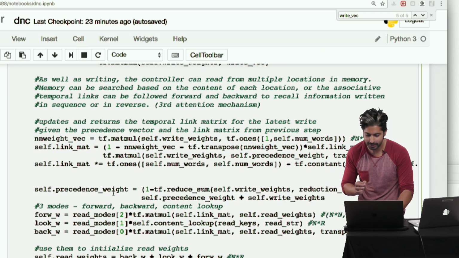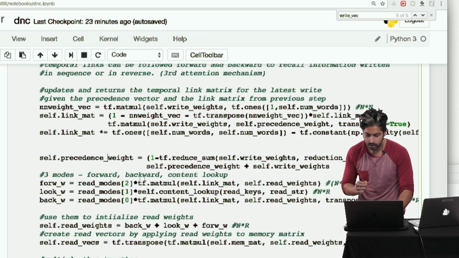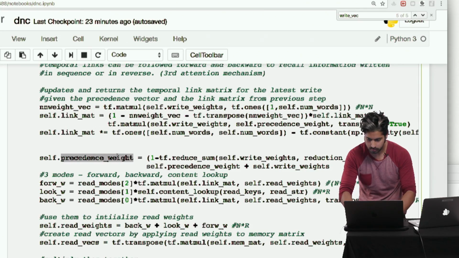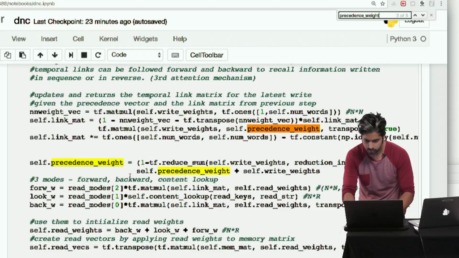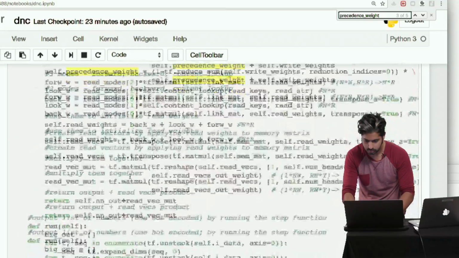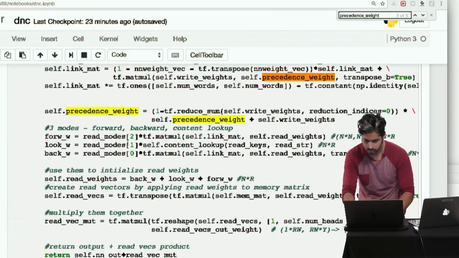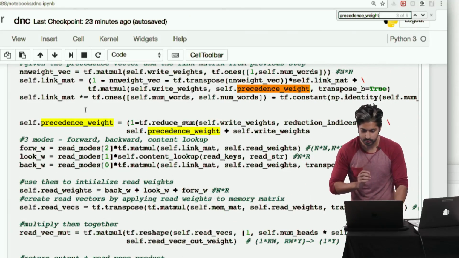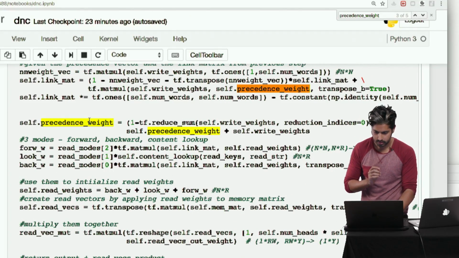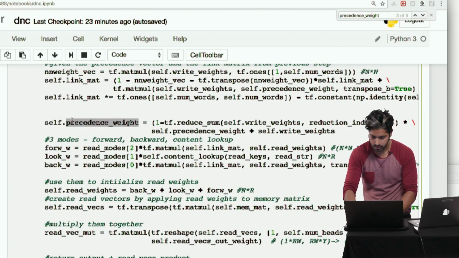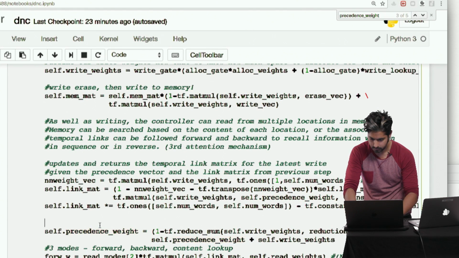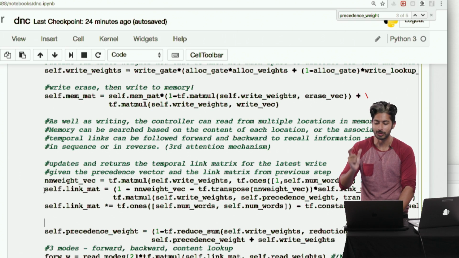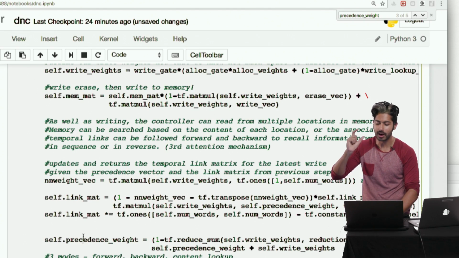And our precedence weight is going to help us with our... okay, so the precedence weight was used to create the link matrix, and then we updated it right here.